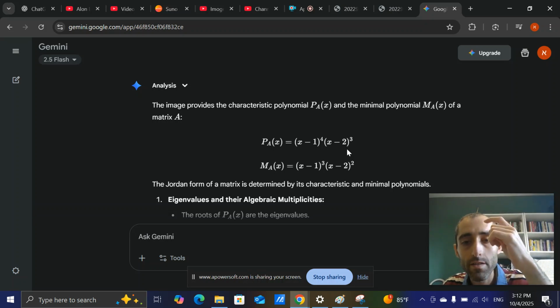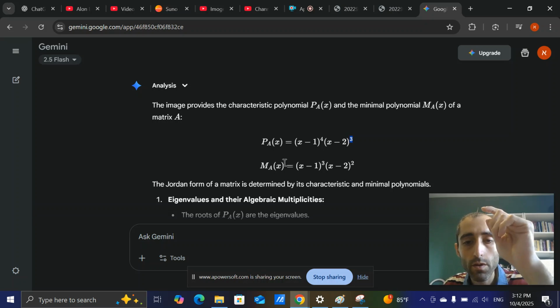And now, from the characteristic polynomial, we can understand for each eigenvalue, the first eigenvalue is 1 and the second is 2, what is the sum of sizes of the Jordan blocks for each eigenvalue. For 1, the power of this is 4, so the sum of blocks should be of size 4. And for eigenvalue 2, the sum of blocks is of size 3.